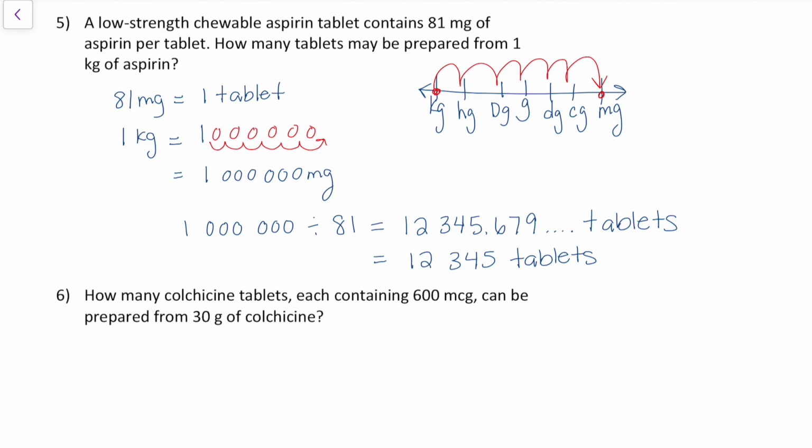So when we're doing word problems, we do have to think about the situation in order to know whether regular rounding rules would apply or not. And in this case, regular rounding rules are not going to apply because I don't have enough to make one whole another tablet.